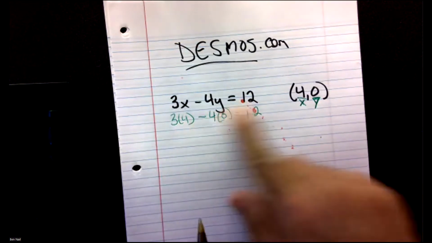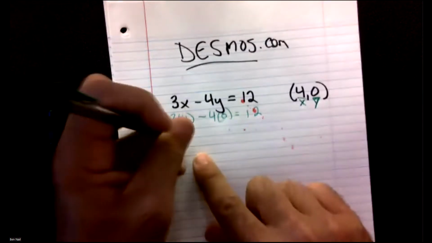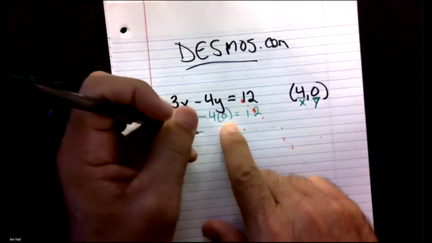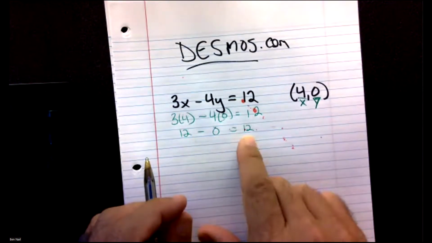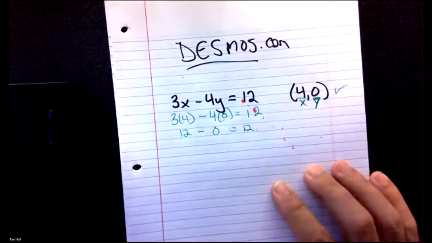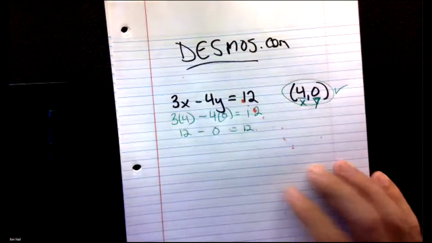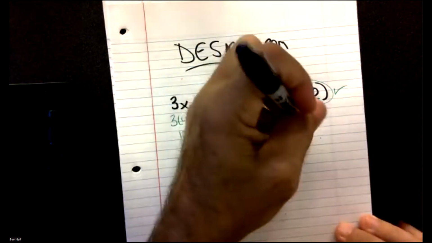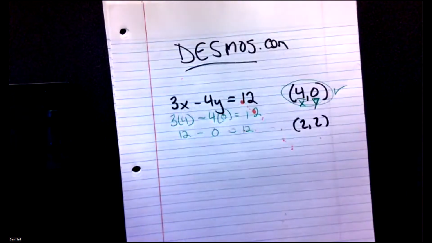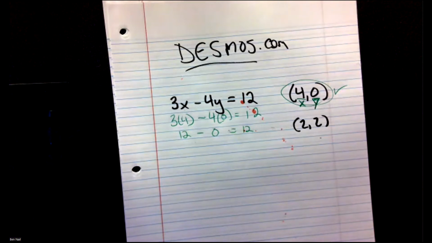And then I want to see, does this equal? Okay, 3 times 4 is 12, 4 times 0 is 0, and 12 minus 0 is 12. Yes, this checks out. This is a valid, good solution. Is 2 a valid solution?